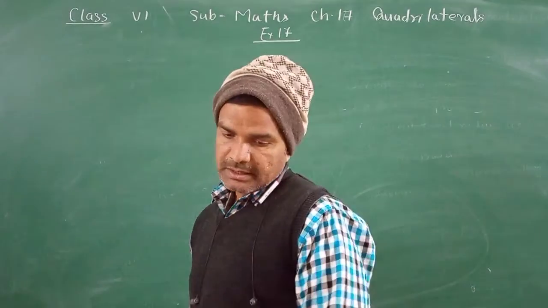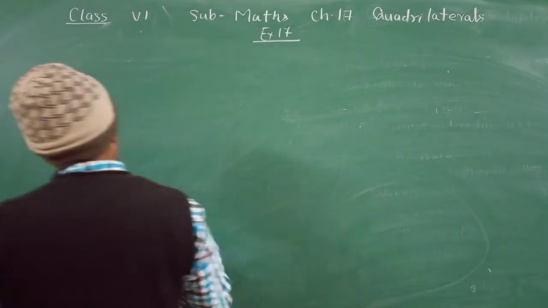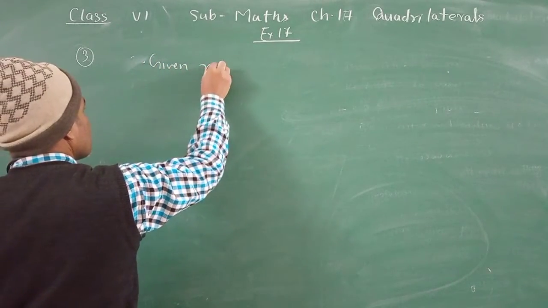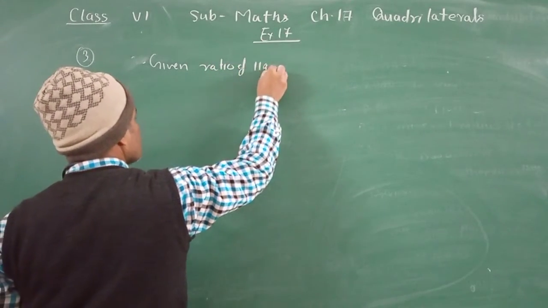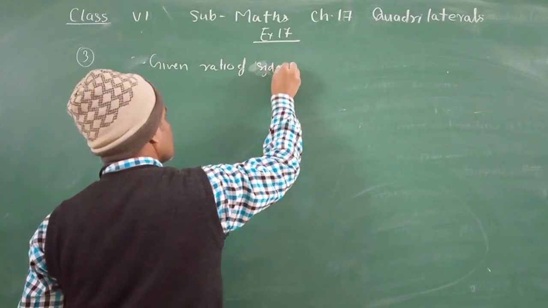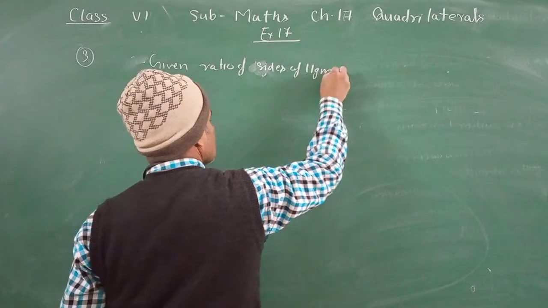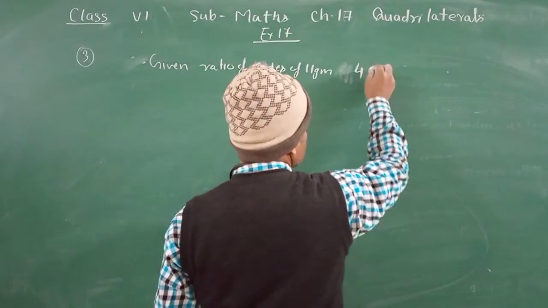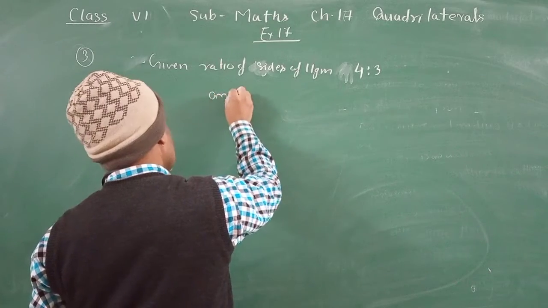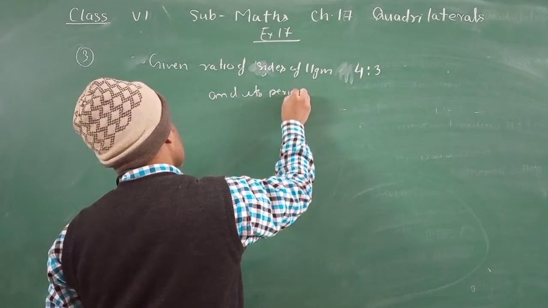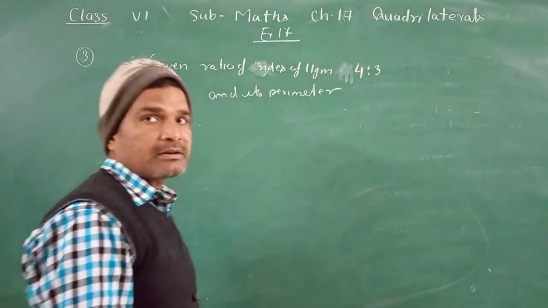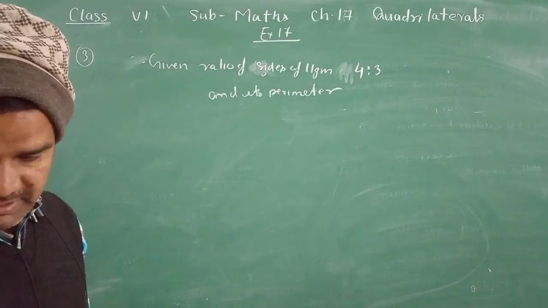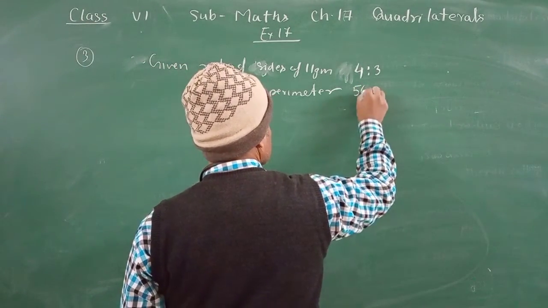In the next question, it is given that the ratio of the two sides of a parallelogram is 4:3, and its perimeter is 56 centimeter.